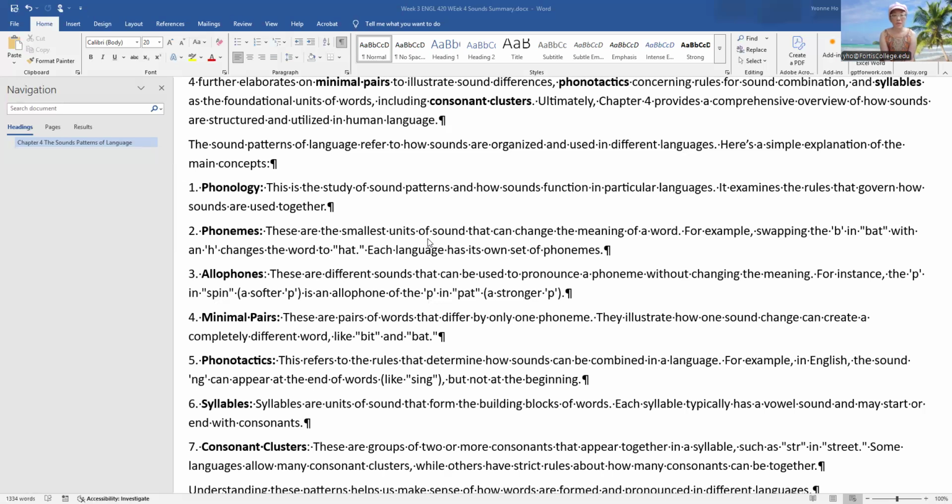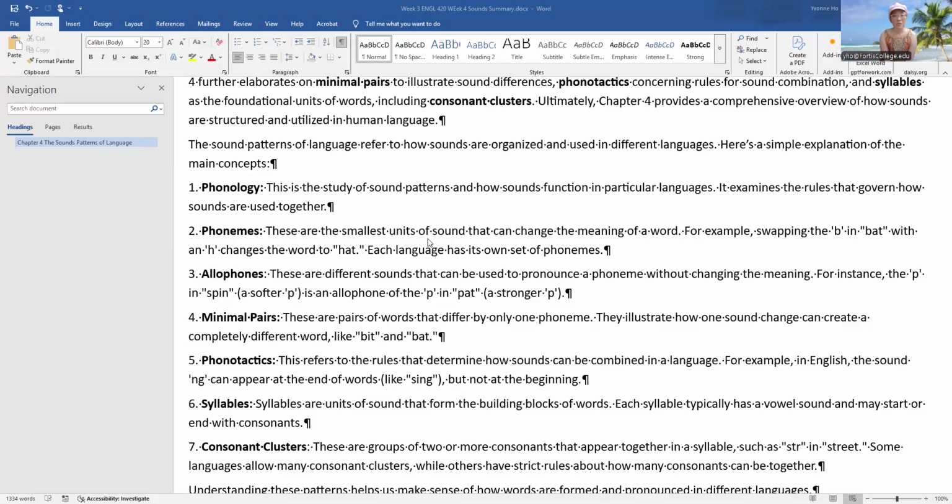Allophones. These are different sounds that can be used to pronounce a phoneme without changing the meaning of the word. For instance, the P in spin, a softer P, is an allophone of the P in pat, a stronger P. So spin and pat.